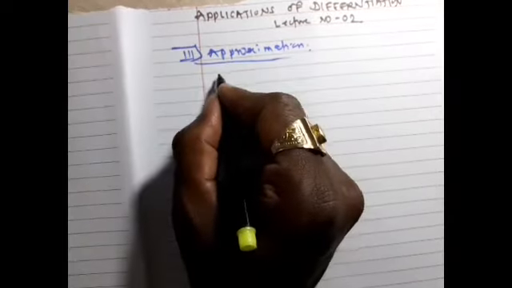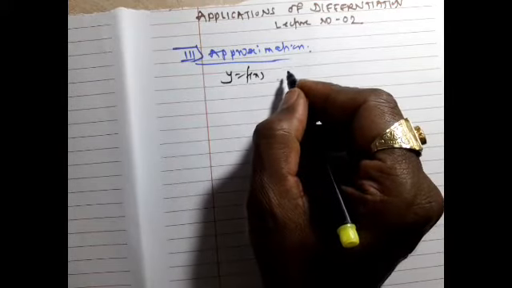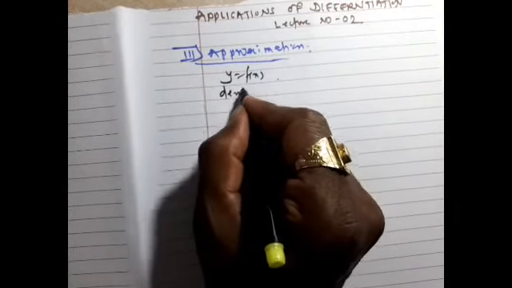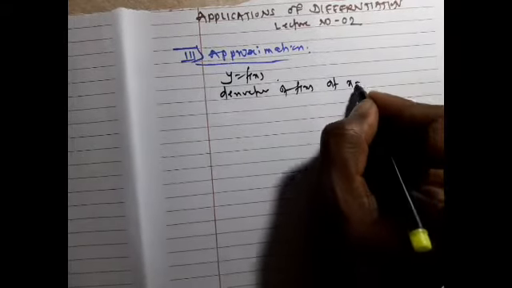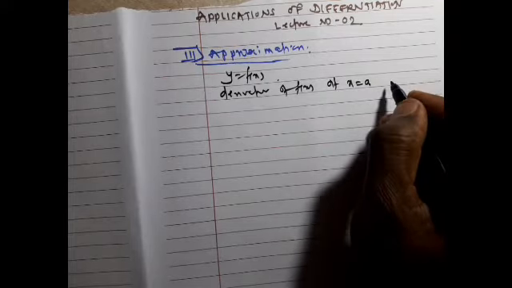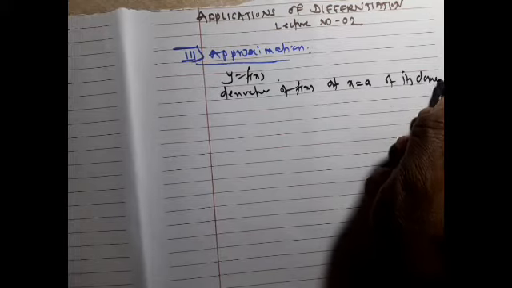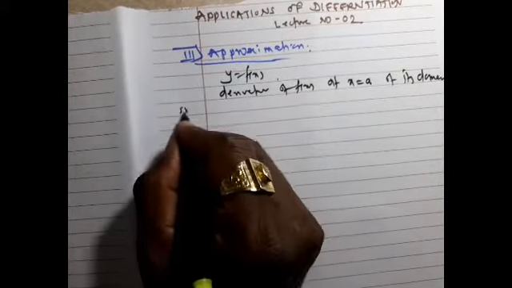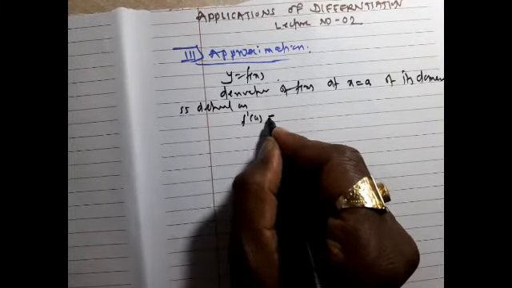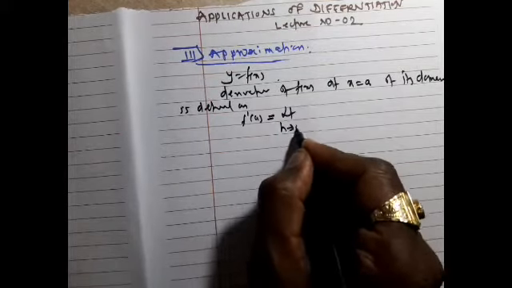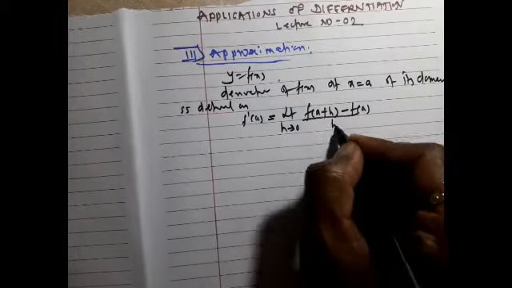You know that y is equal to f(x) is a function, and the derivative of f(x) at x is equal to a of its domain is defined as f dash a is equal to limit h tends to 0 of f(a plus h) minus f(a) upon h.